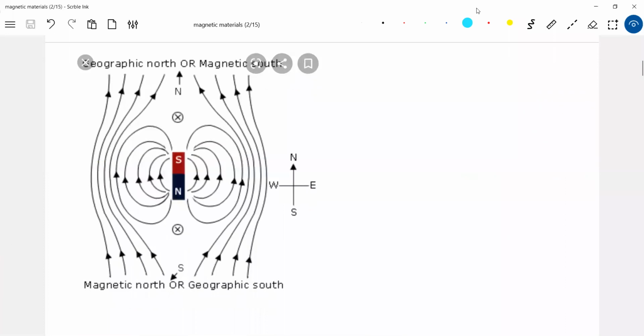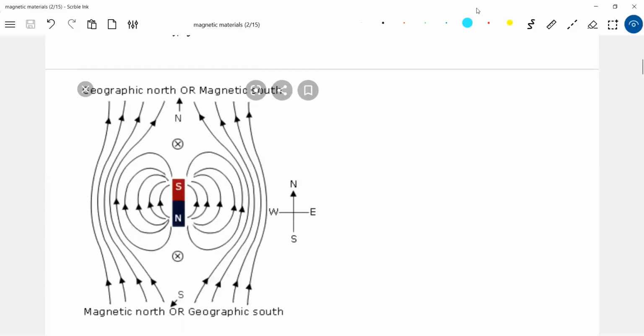Now you see that one. The south pole of the bar magnet is along the geographic north. So here I think we'll indicate the names. This will be geomagnetic north, and geographic north, we'll get geomagnetic north only.